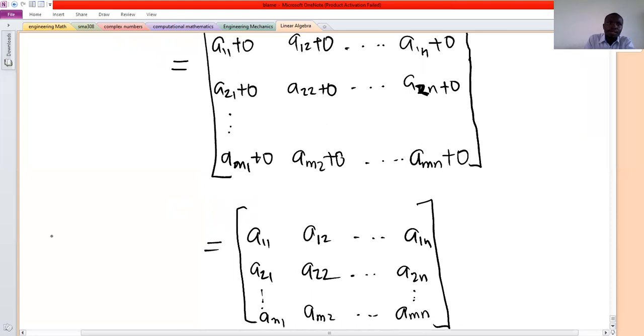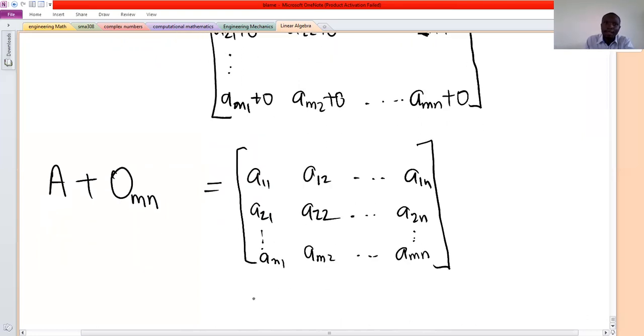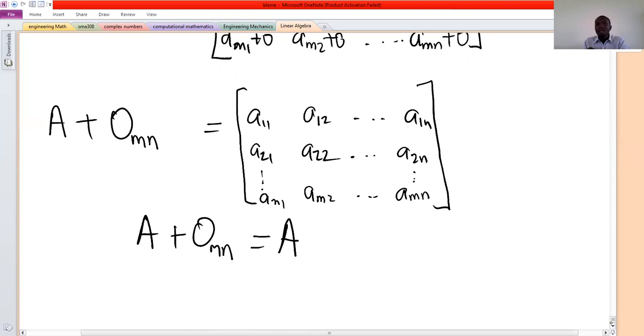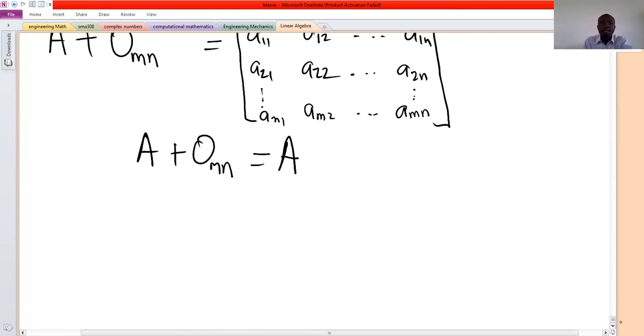So this is matrix A plus this matrix O, which has all the elements zeros, and this is the matrix A. So we have successfully shown that if we add a matrix with all elements zeros to any matrix in this set, we get the same matrix.